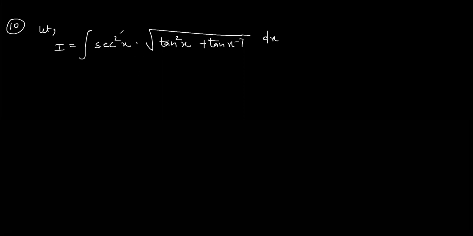See students, here the integrand that you see is sec square x into square root of tan square x plus tan x minus 7. First of all, I will try to convert this into one of the types.